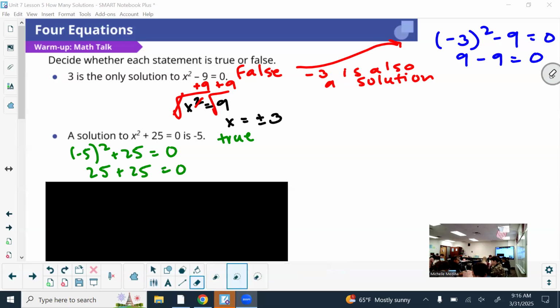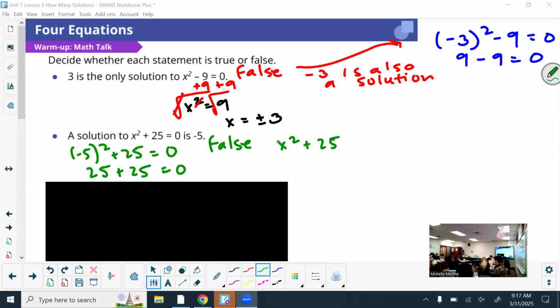So that actually makes this false. And if we were solving this algebraically, so like undoing what's being done, how would I cancel out that 25? So we subtract it on both sides of the equal sign.